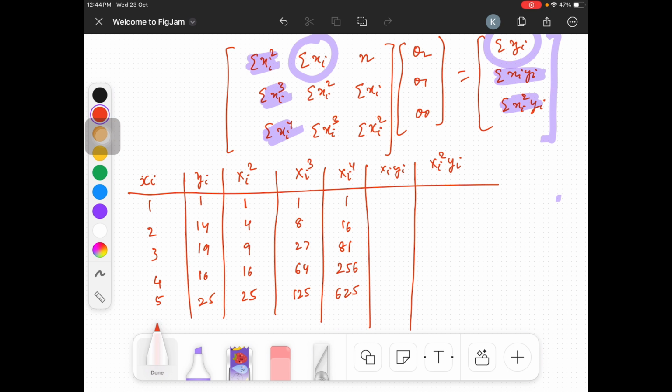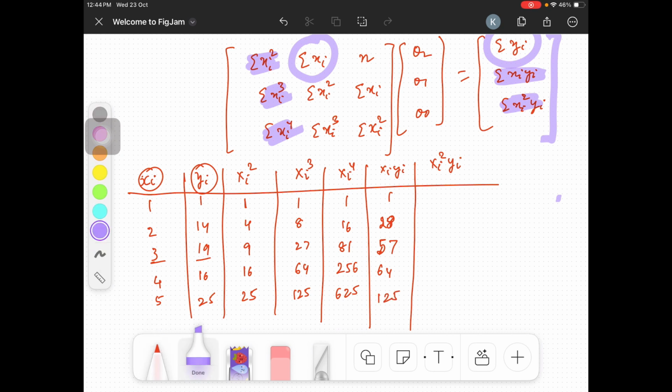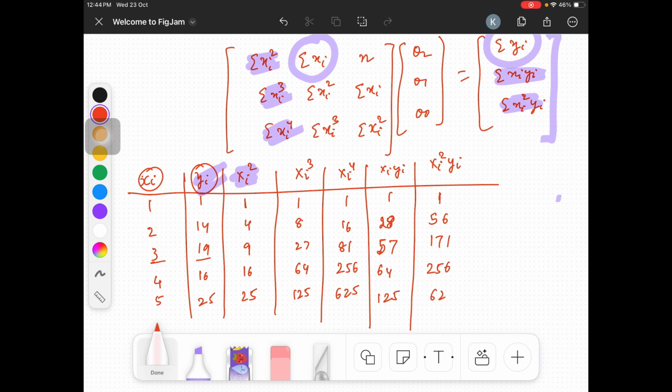Then you multiply xi and yi, you will get 1, 14, 57, 64, 125. Then I multiply xi square and yi, and what I am going to get is 1, 56, 171, 256, 625. My aim here is for you to know how much work is involved.